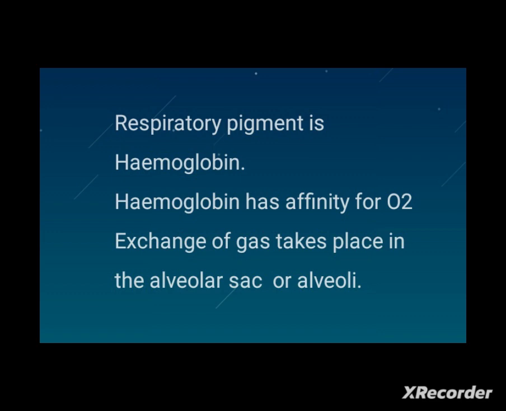So, this helps in the transport of oxygen in all parts of the body. Carbon dioxide is more soluble in water and so it is mostly transported in the dissolved form in our blood. This is how respiration and exchange of gas takes place in humans.